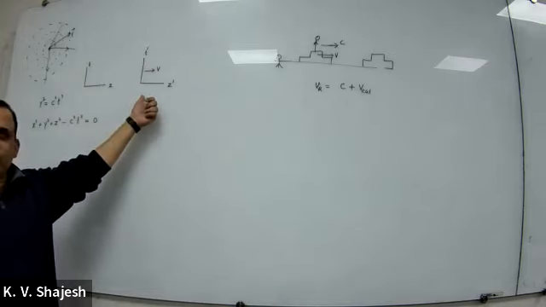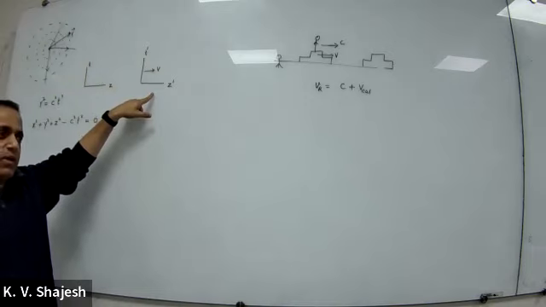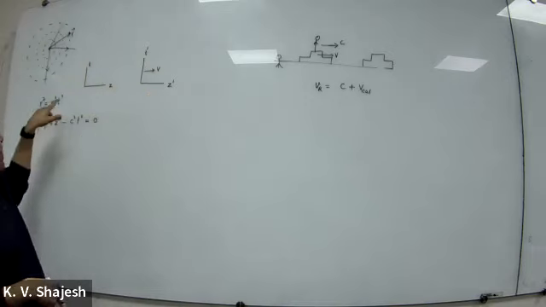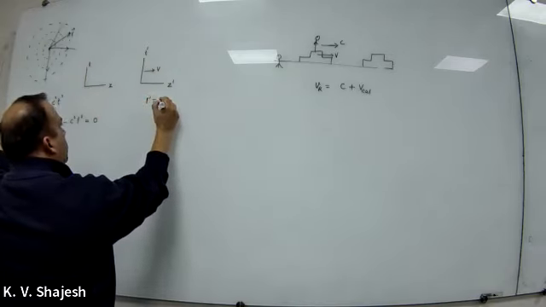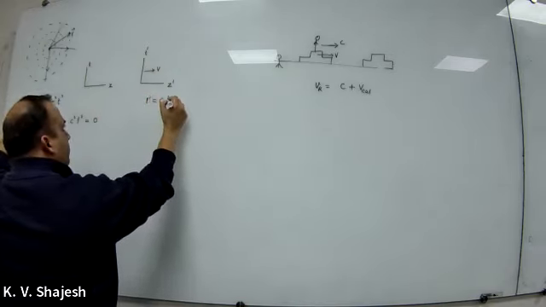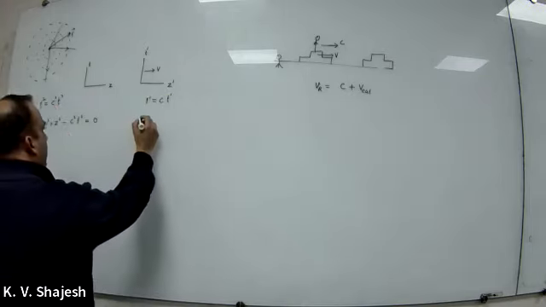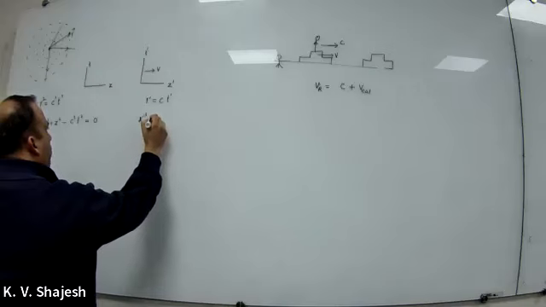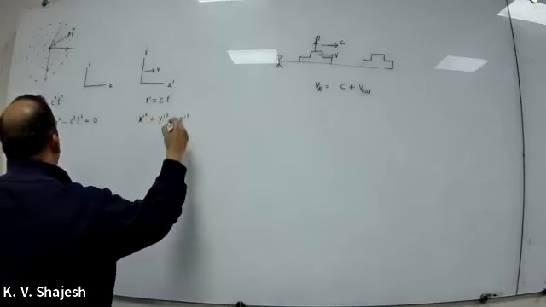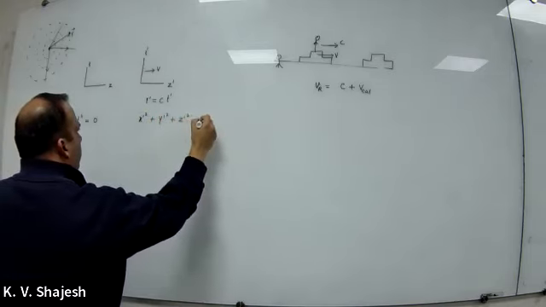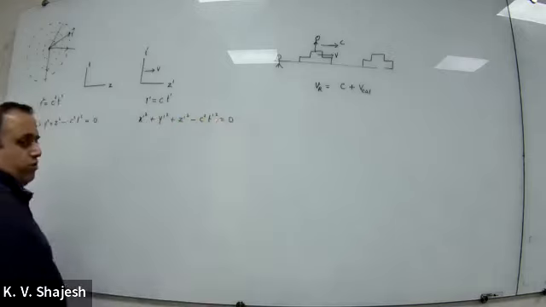According to Maxwell's equation, in this frame, again, this is the same speed. So again, R prime this time is equal to c, the speed of light remains the same, times T prime, which means that X prime squared plus Y prime squared plus Z prime squared minus c squared T prime squared has to be equal to 0.